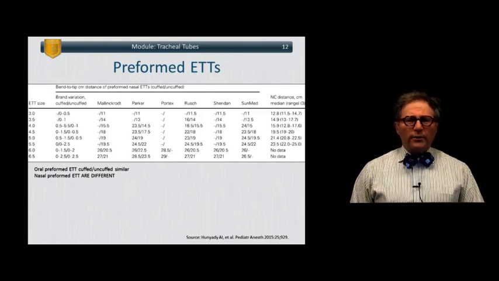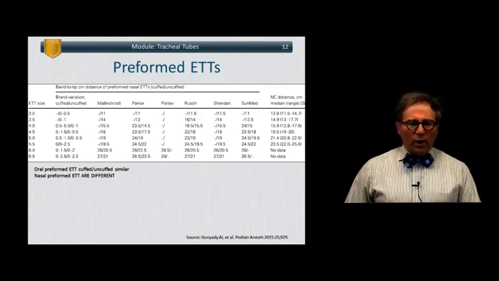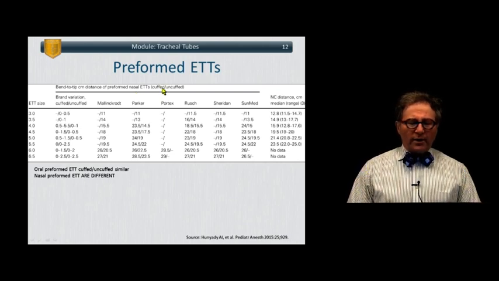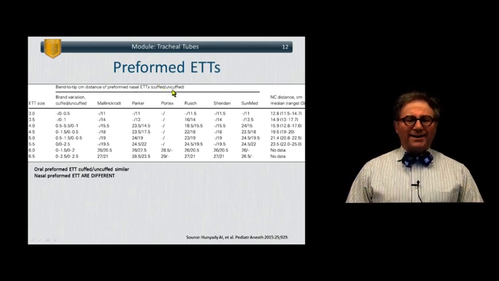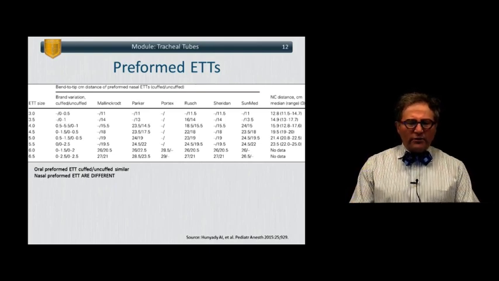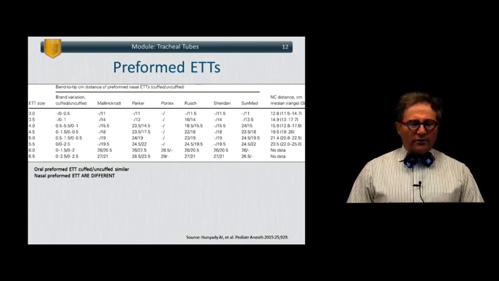Now, a word about preformed tubes, because we all use preformed tubes, and in this case we're talking about nasal tubes with cuffed versus uncuffed distances beyond the bend of the tube, and we can see some interesting disparities.